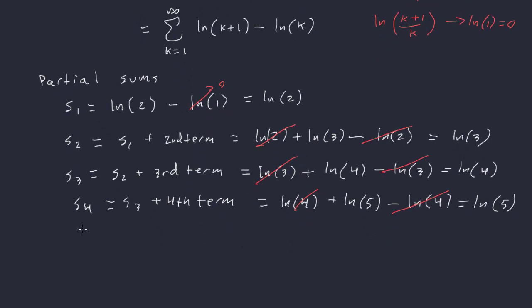All right, and without the calculation, S1 is ln 2, S2 is ln 3, S3 is ln 4, S4 is ln 5, S5 will be ln 6, S6 will be ln 7. Then if we want to find Sn, that will be ln of n plus 1.